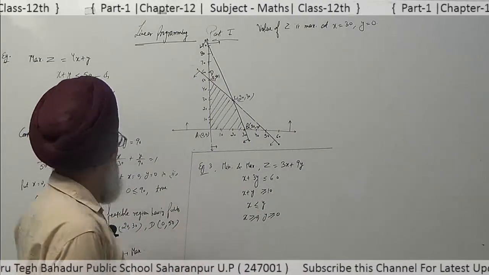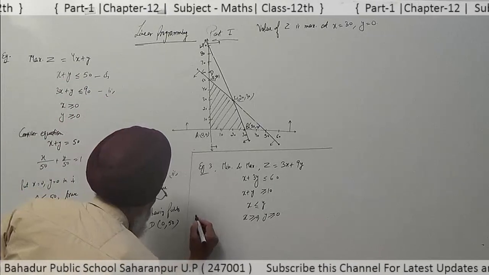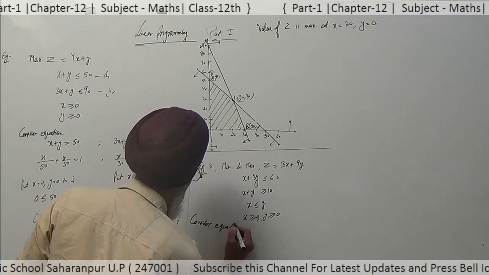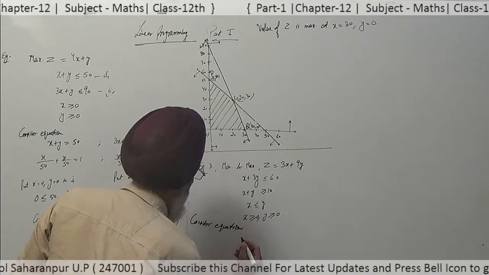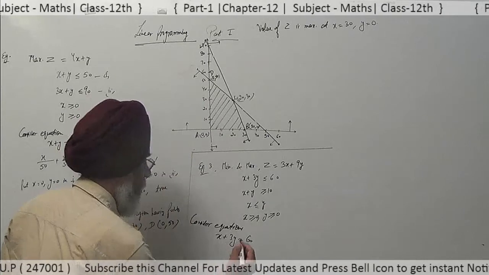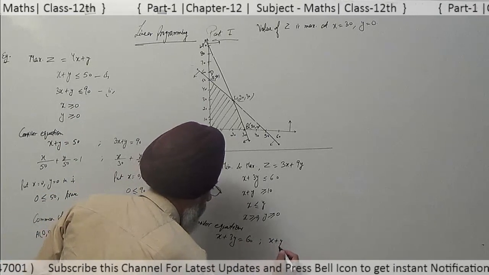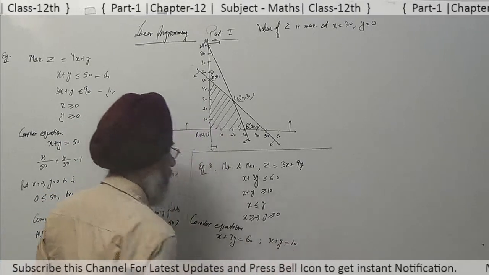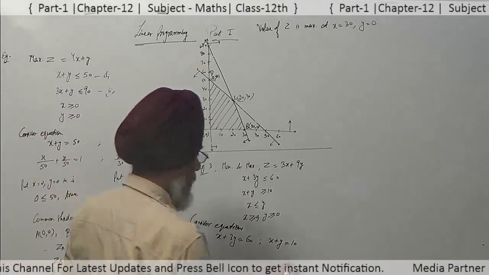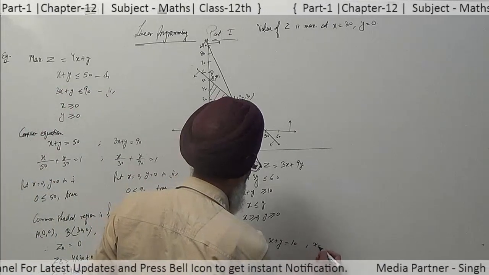So what will we write in this? Consider the equations: x plus 3y is equal to 60, x plus y is equal to 10, converting them into intercept form, and the third one is x is equal to y.